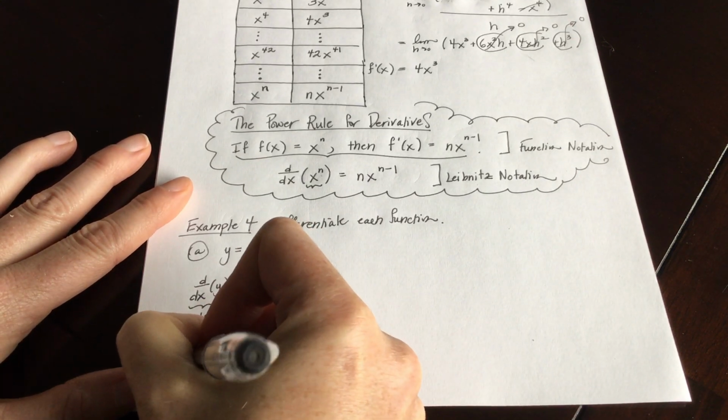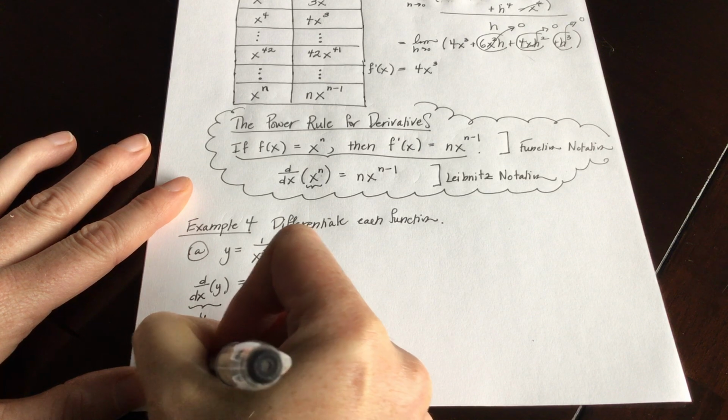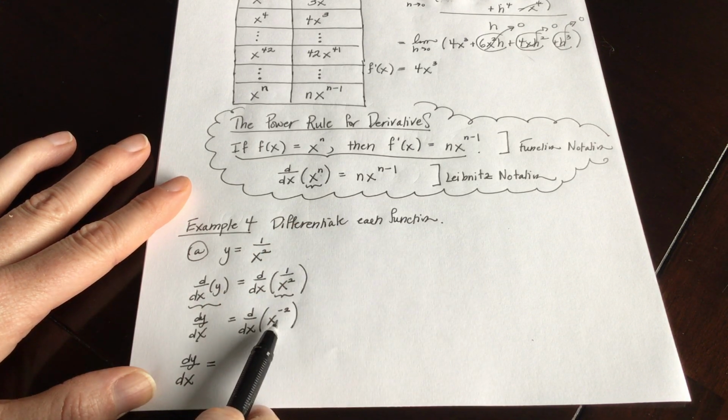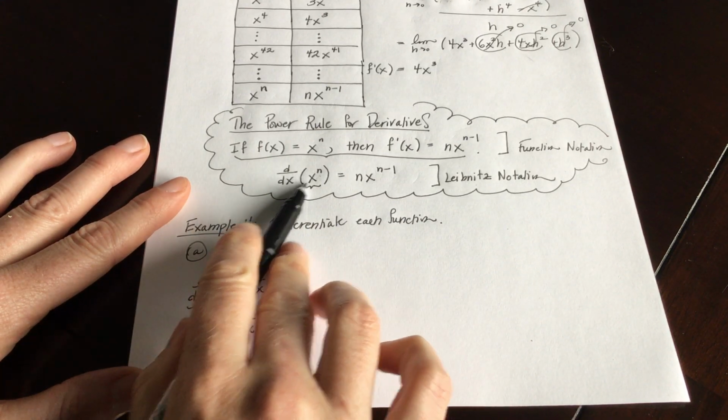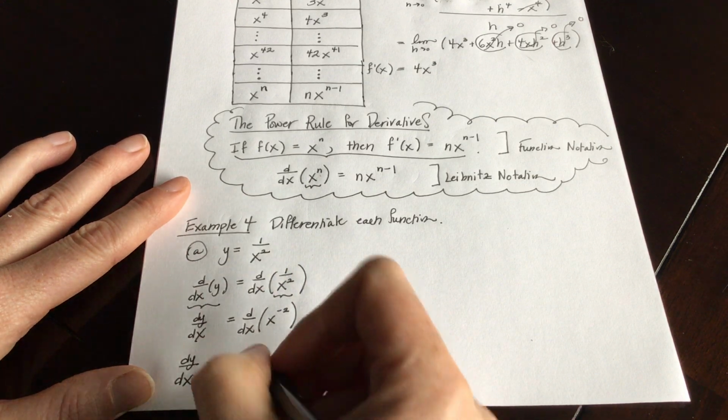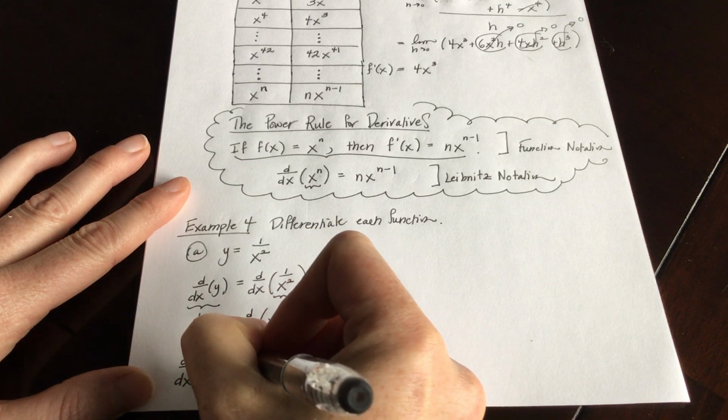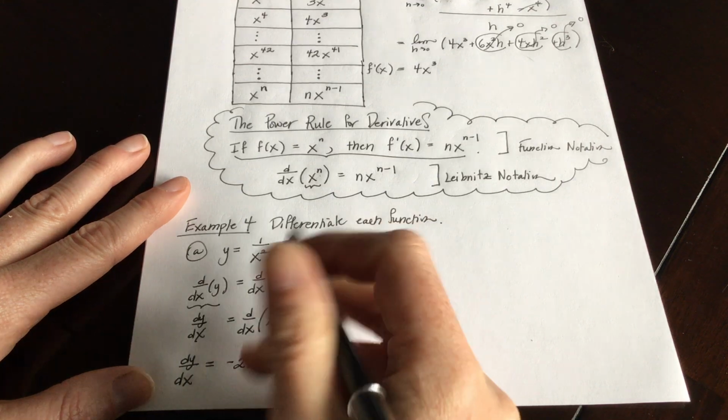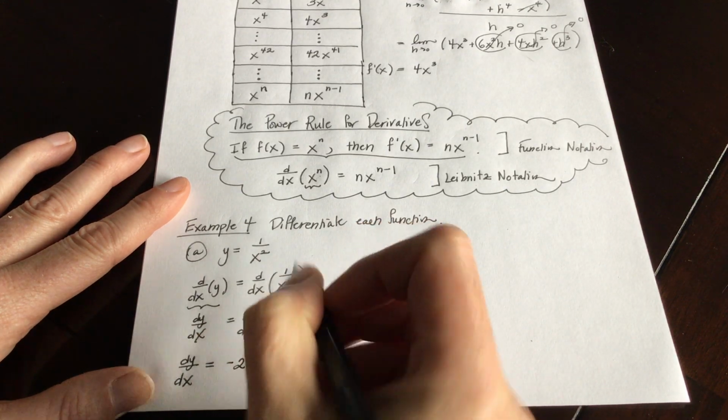Okay, so our answer then would be dy dx equals, now we can use the power rule on this. Now you can, because this fits this description. So we would have negative 2 for the exponent times x, and then your old exponent was negative 2. If you take 1 away from it, you get negative 3.